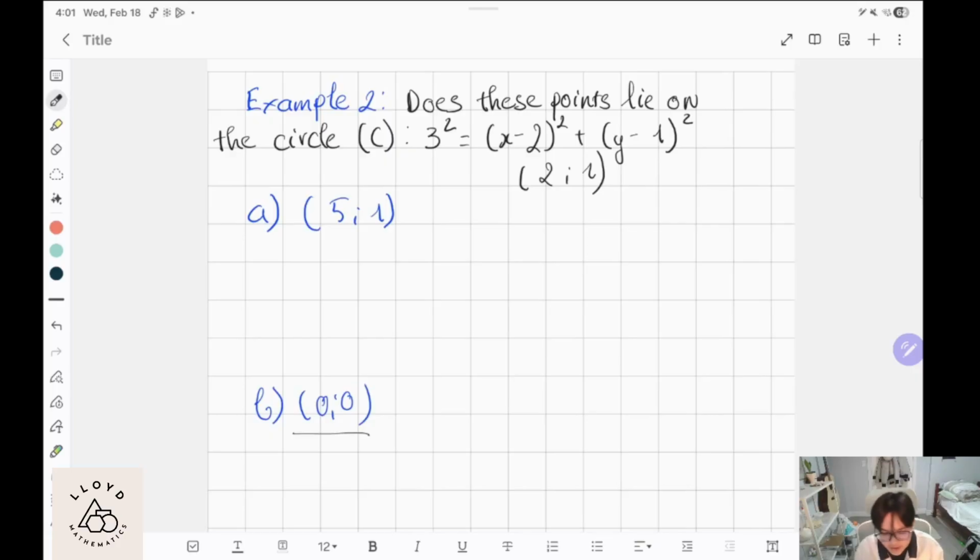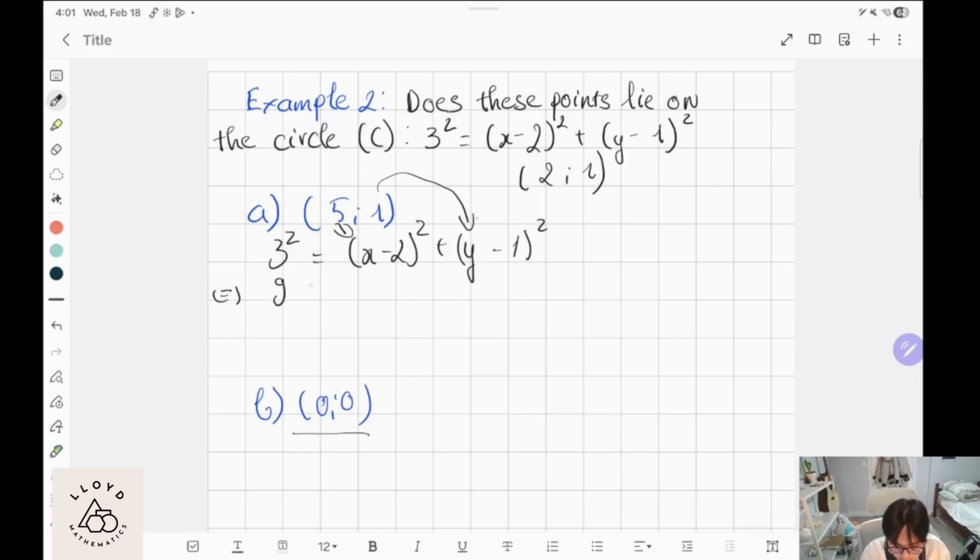So I will calculate this one. First of all, I rewrite the equation: 9 equals x minus 2 squared plus y minus 1 squared. I put the 5 into x and the 1 into y here. So I get 9 equals 5 minus 2 squared plus 1 minus 1 squared.